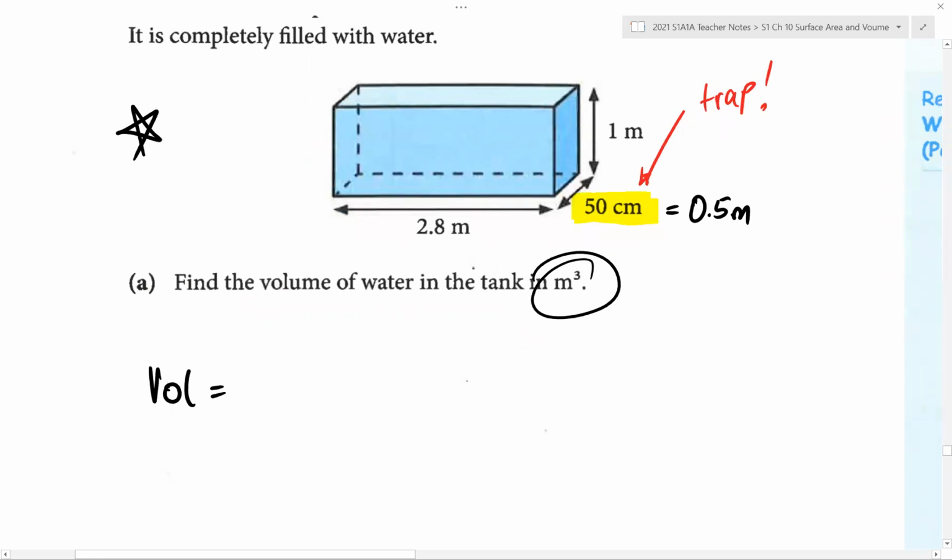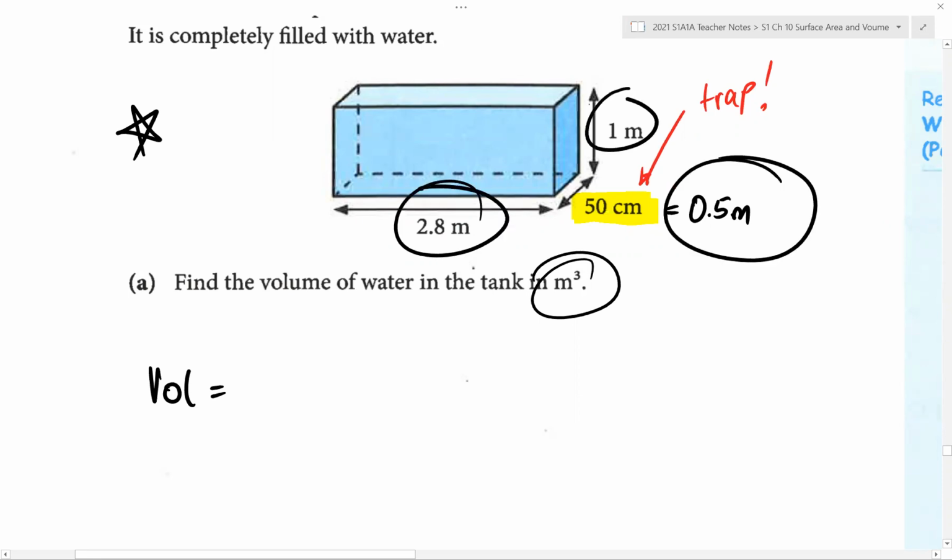What do we do with these three numbers now? Find the volume. What should we do? Three numbers: 2.8, 0.5, and 1.